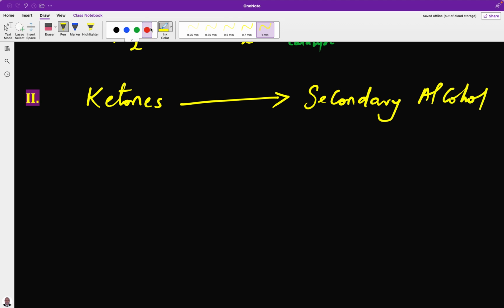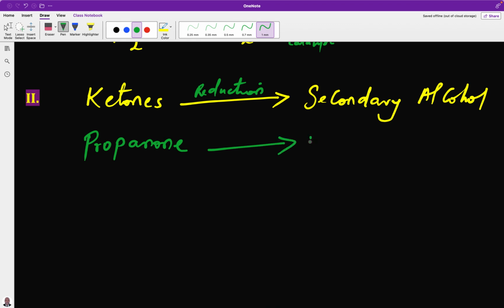I will give you an example of the ketone we are going to use here. Our example of the ketone will be propanone. Propanone to propan-2-ol.